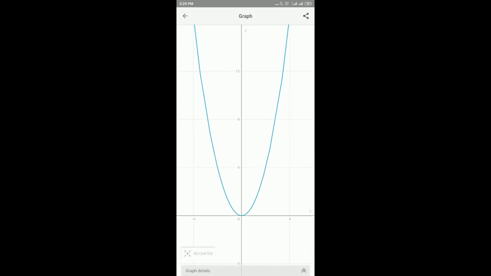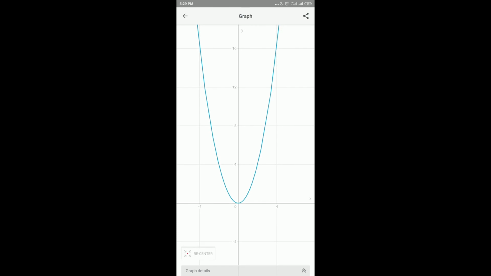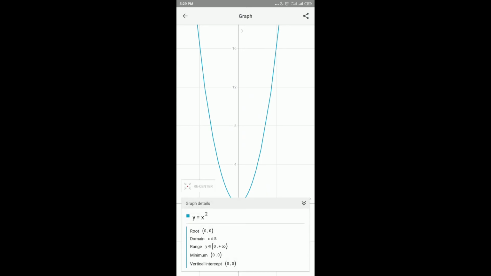It will show you the graph, and at the bottom of it you have graph details. If you press that, you will get other information such as root, domain, range, minimum point and vertical intercept.